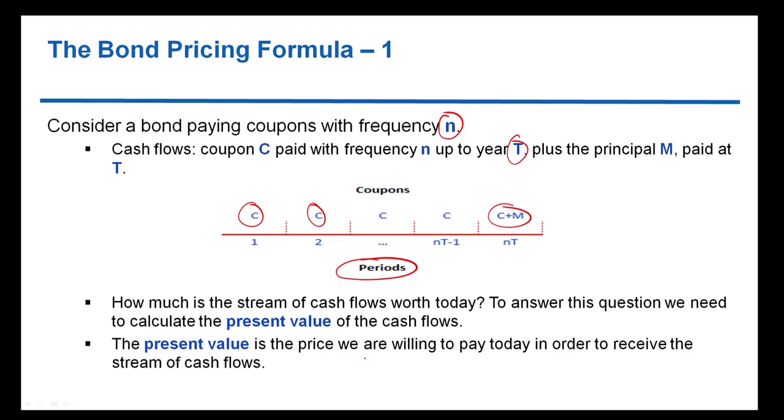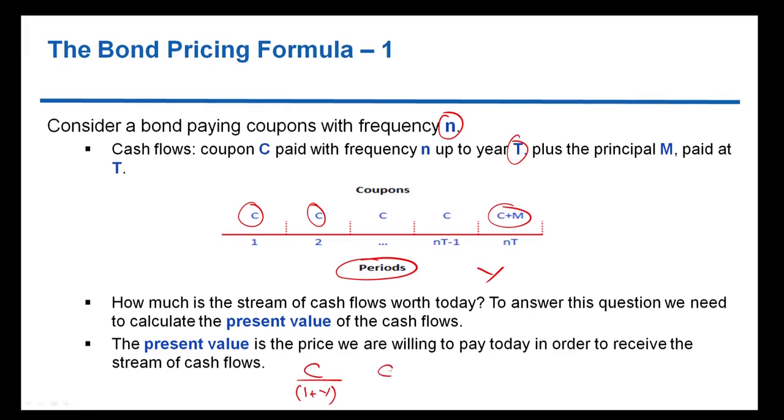And how do we discount them? Well, we will discount each of these cash flows by a given interest rate, which for the moment we will call little y. So in the first period, the discounted coupon or cash flow will be equal to C divided by 1 plus y.